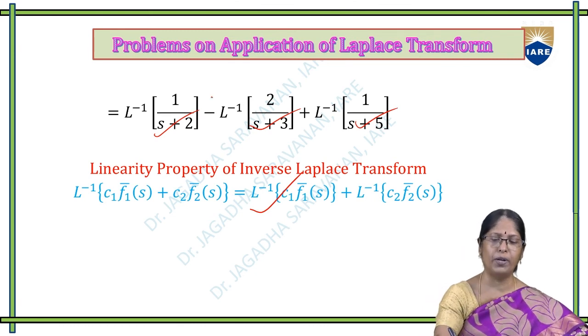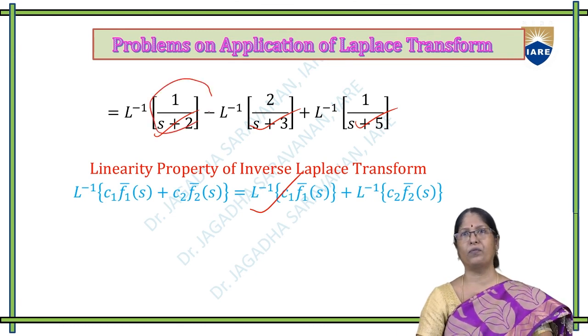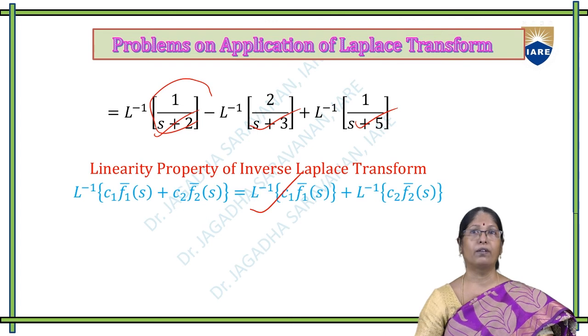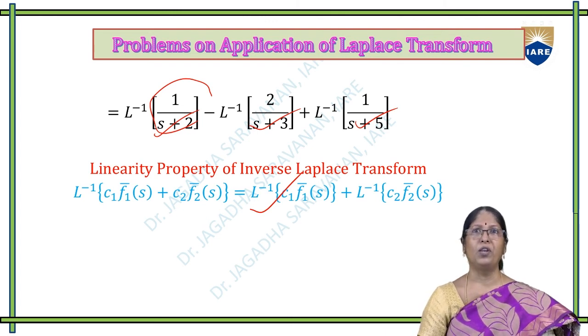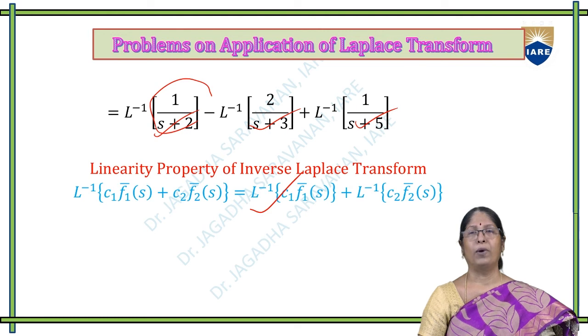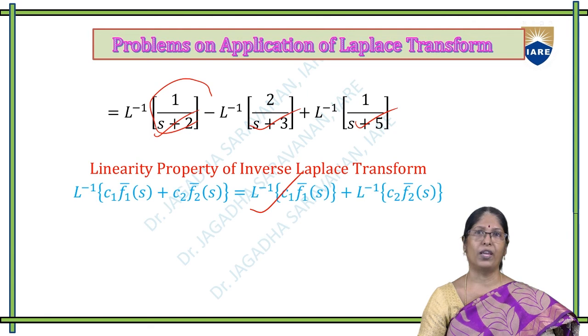Now this is simple. At the starting, we discussed a big list for inverse Laplace transform, that is elementary function, first and second shifting, change of scale, multiplication, division, derivatives, integrals, convolution, partial fractions. It's a big list for the inverse.